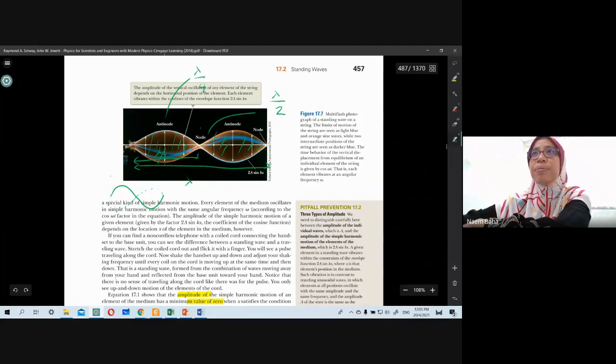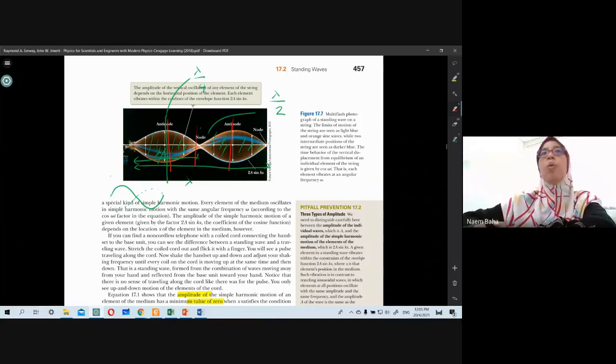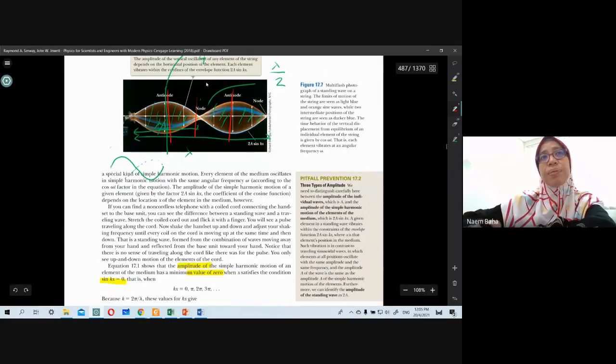Can you see that? So we divide it into 4. Then you will find the antinode is at the position of 1/4 of a cycle, while the node is at half of a cycle.